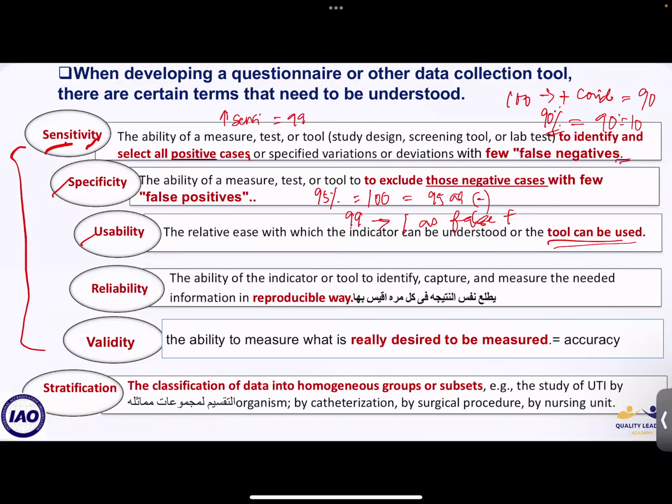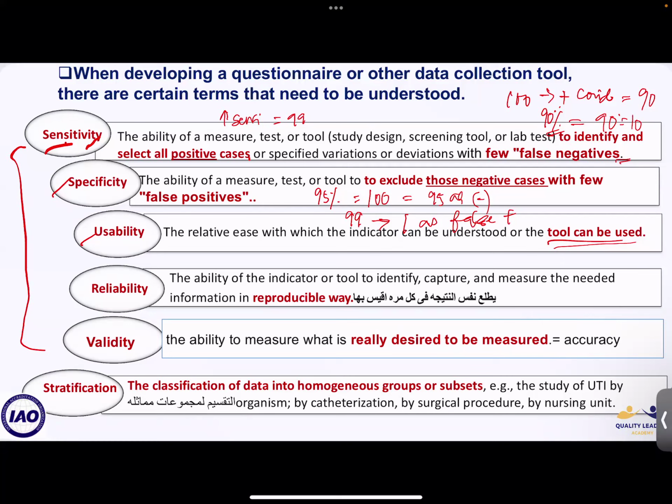What about reliability? It is the ability of a tool or indicator to provide consistent and reproducible results. For example, if in the first month you measure a value as 95, in the second month it is 90, and in the third month it is 98, is there any reliability?